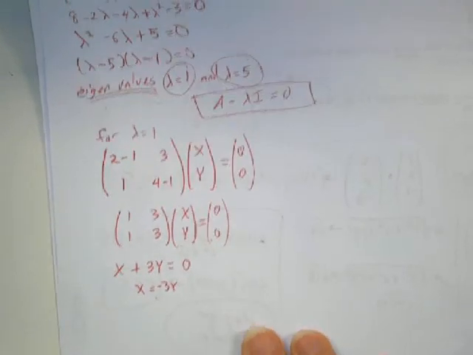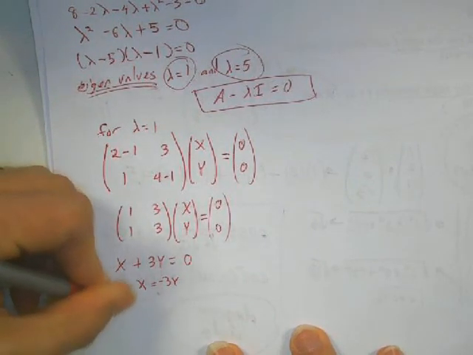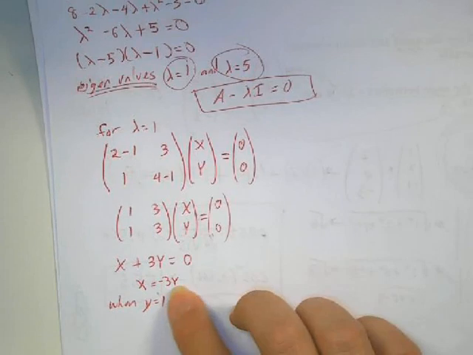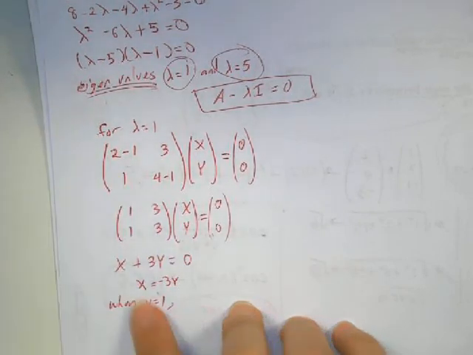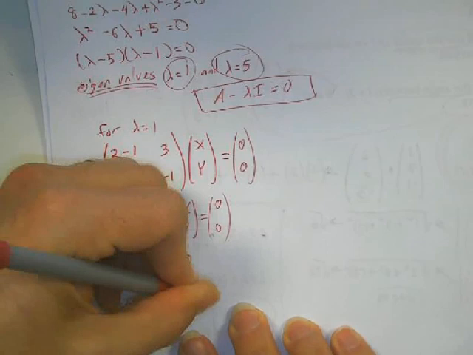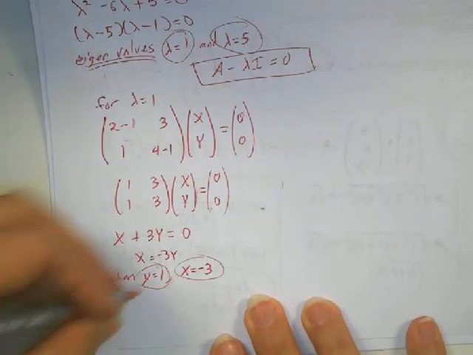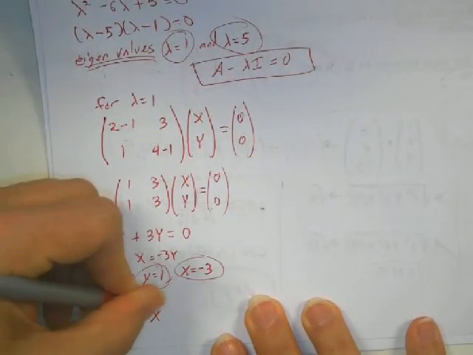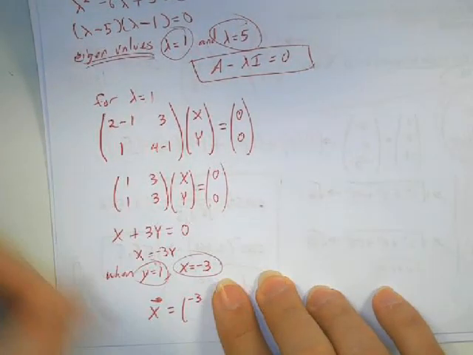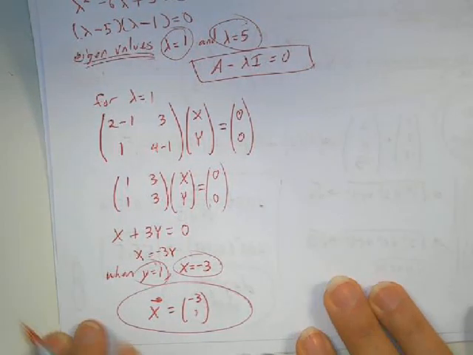So when y equals 1, x is going to be negative 3 times 1, so x equals negative 3. Using that information, my eigenvector is equal to negative 3, 1. That's my first eigenvector.